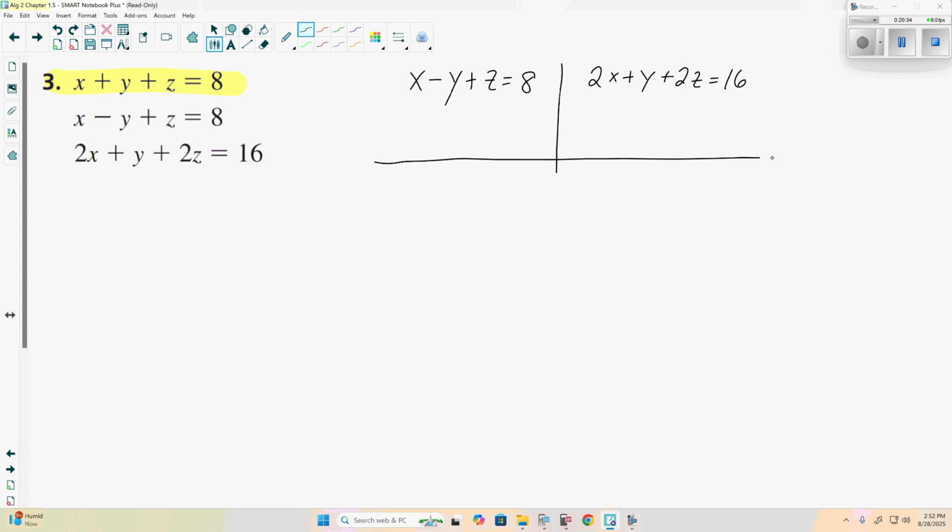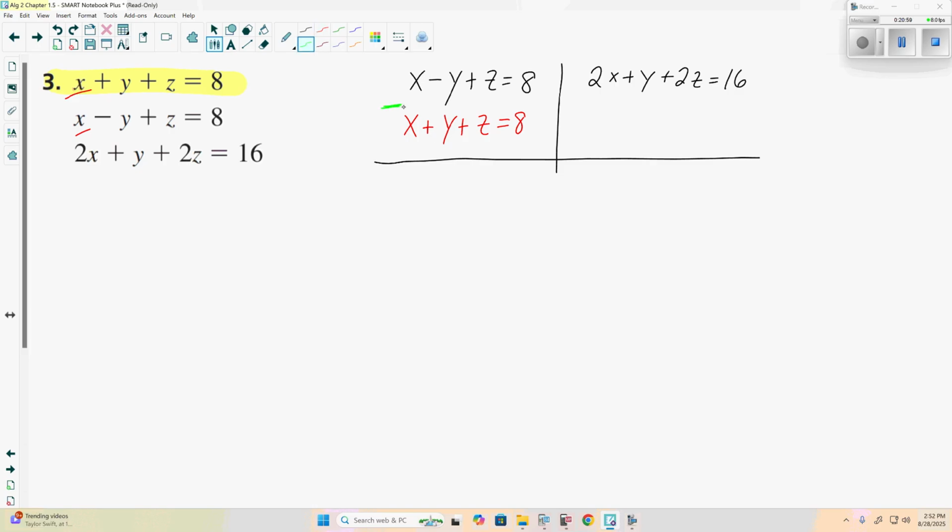But it doesn't matter, because to get x's to be the same, well, for this top one and the one on the left, it's already the same, yes? Let's see here. That should be plus. So we have x plus y plus z equals 8 as our eliminator equation. We don't have to do anything to it.